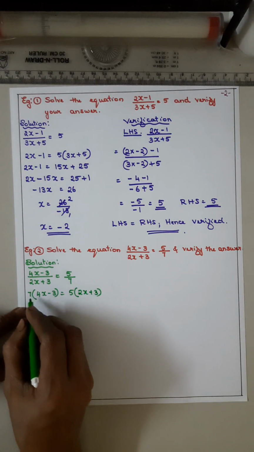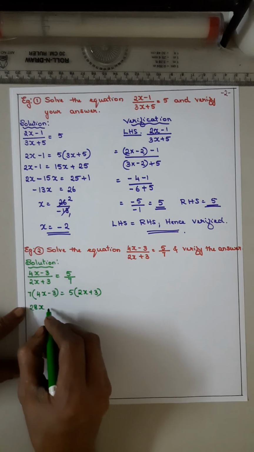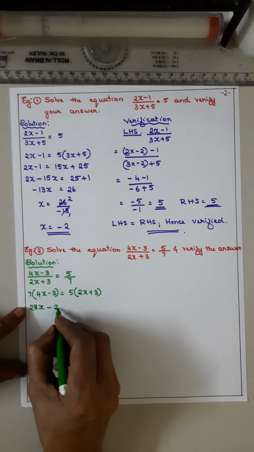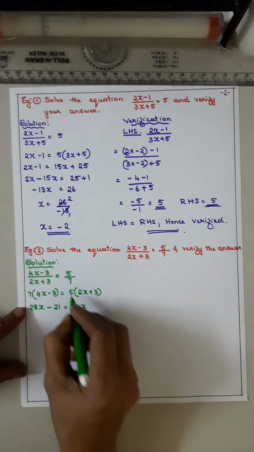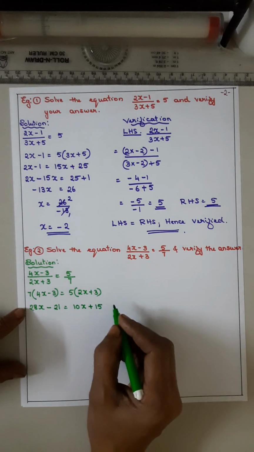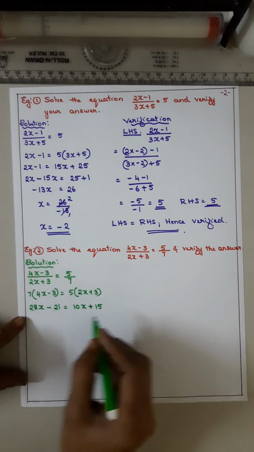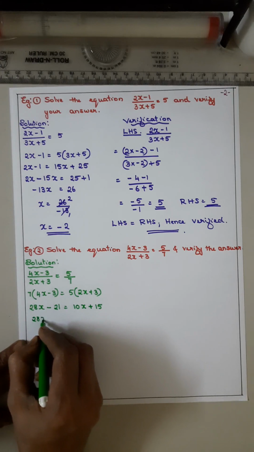Now 7 4s are 28x, sign is minus, 7 3s are 21, 5 2s are 10x, sign is plus, 5 3s are 15. Now bring x to the left side, so it is 28x.